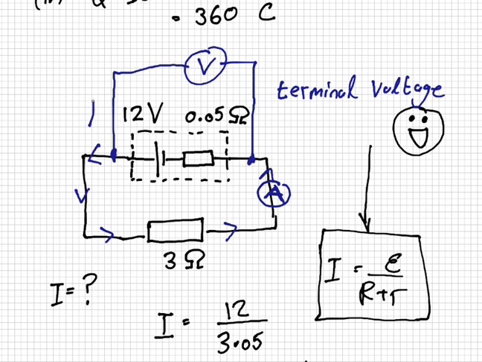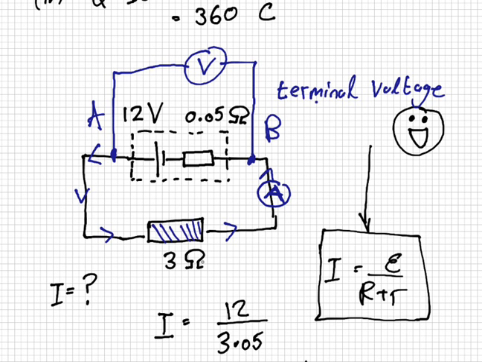So this is the A and this is the B. Now be very careful. It's not telling me the voltage from A to B this way. It's telling me the voltage from A to B the long way.